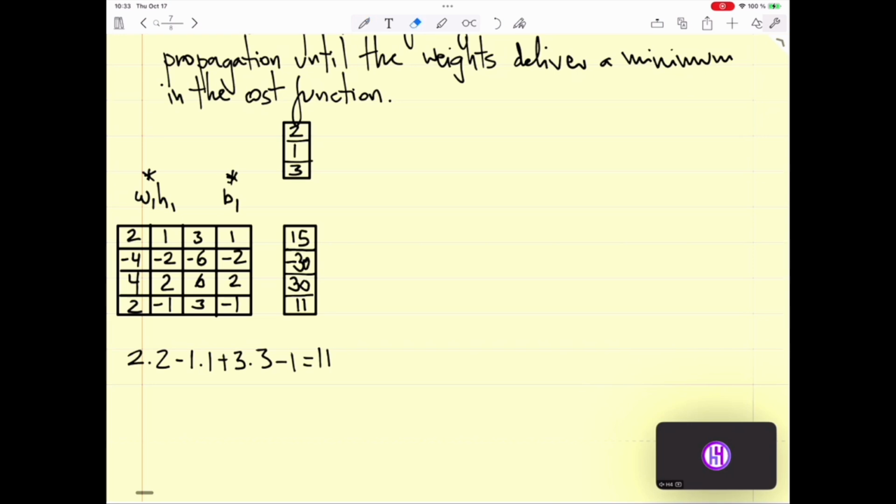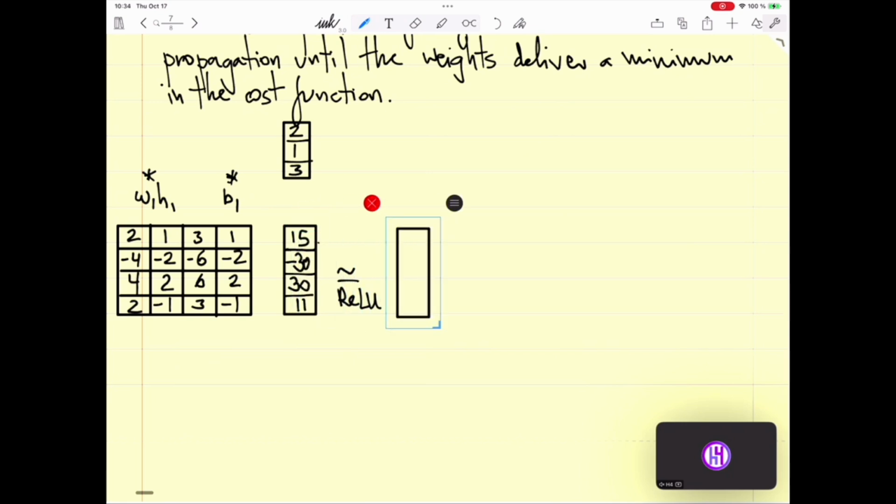Okay. So if we apply ReLU to this, we get 15, 0, 30, and 11.